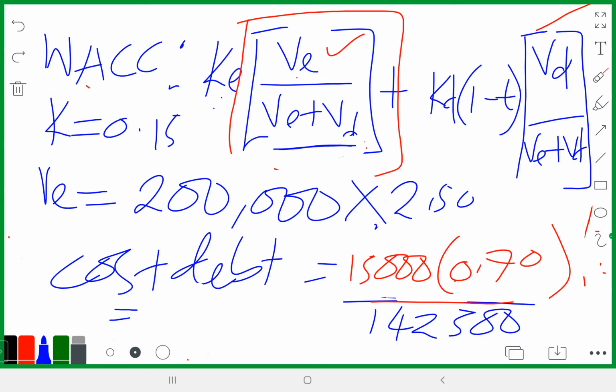You simply say 150,000 multiplied by what? 0.70. You close that. Equal to 10,500. It will be equal to 10,500 divided by 142,500. What is the cost of debt?